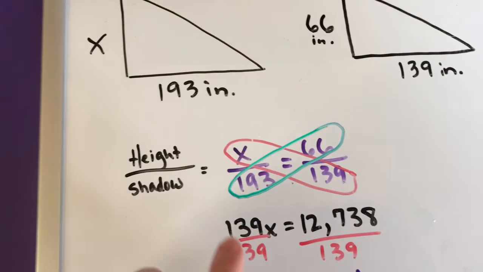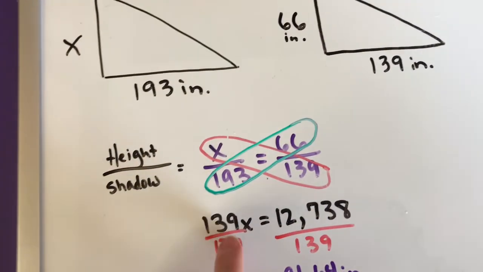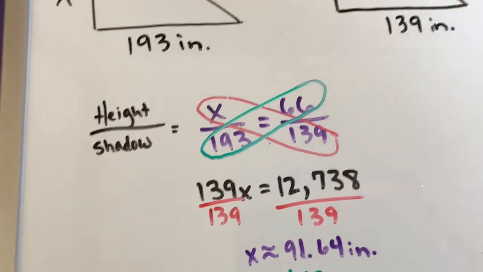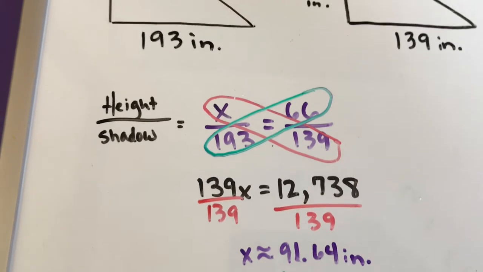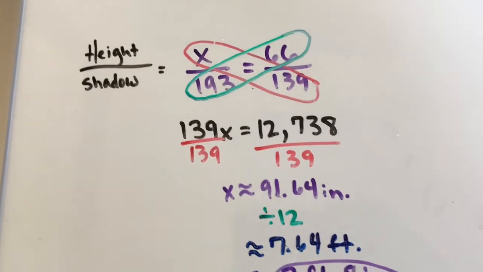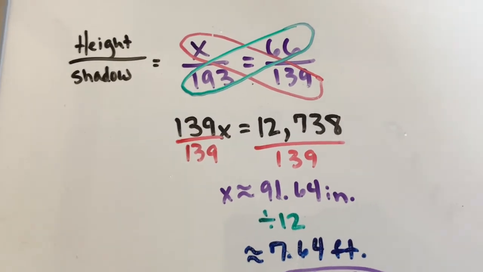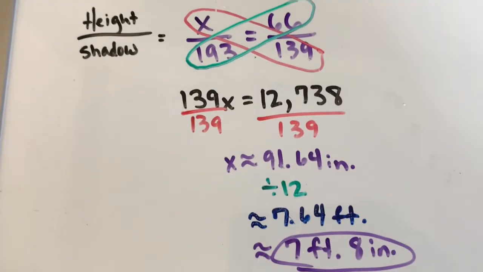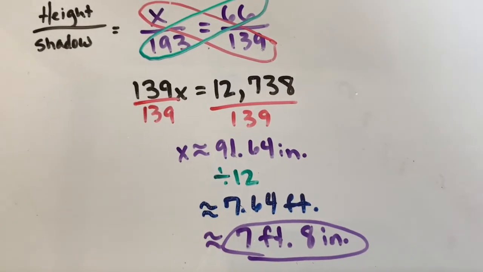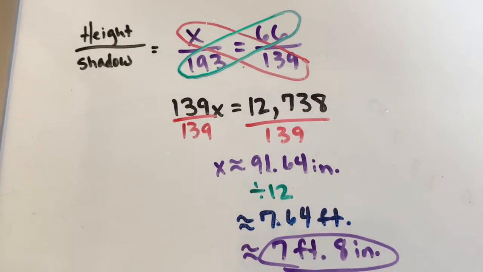And so I get 139x equals 12,738, divided by 139. And I get approximately 91.64 inches. So then to put it into feet and inches, I'm going to divide by 12. So I get approximately 7.64 feet. Take the decimal part, multiply by 12, and I get approximately 7 feet 8 inches. So that is the height of the apple tree.